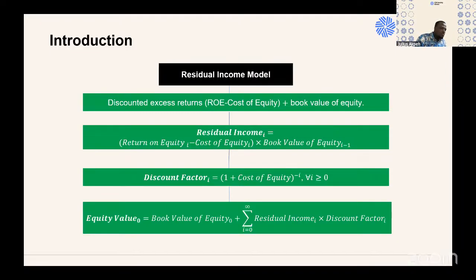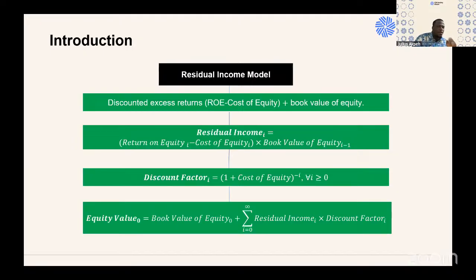The more your return on equity falls short of the cost of equity, the more you're not giving shareholders what they really expect. What they expect is the cost of equity, and you are giving them the return on equity. Because you are not giving them exactly what they expect, there's a destruction in value.